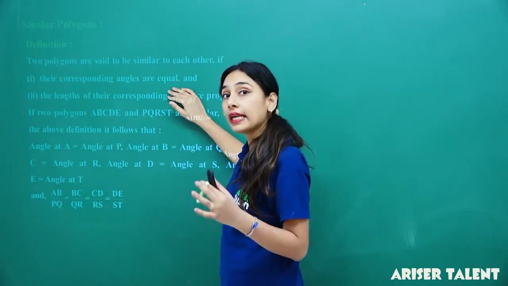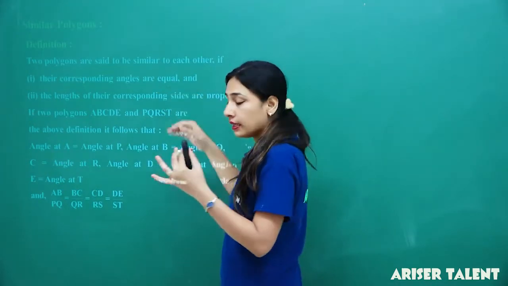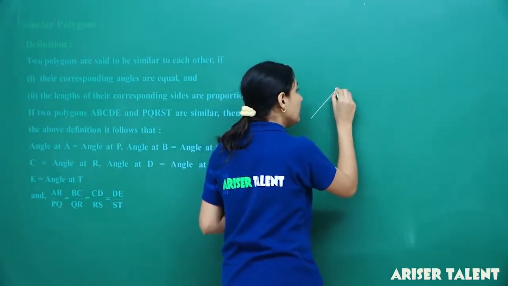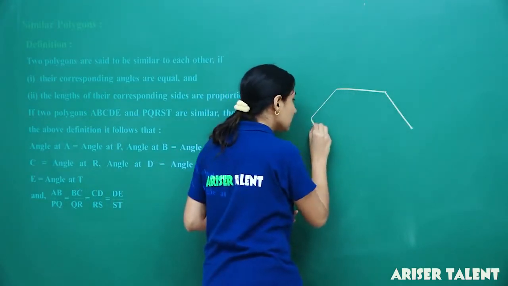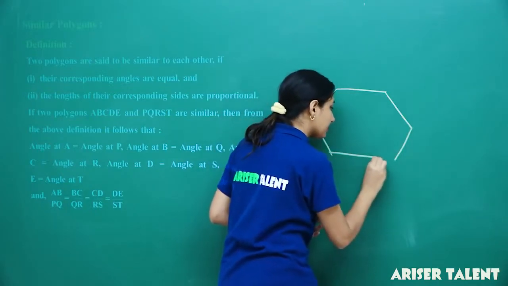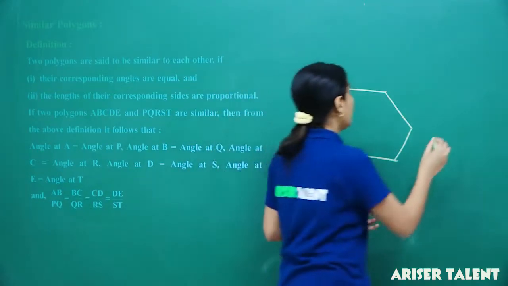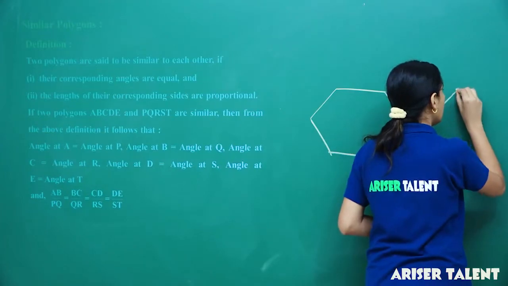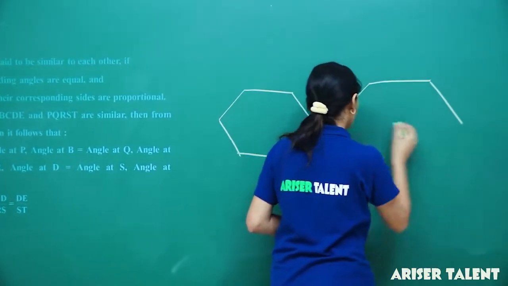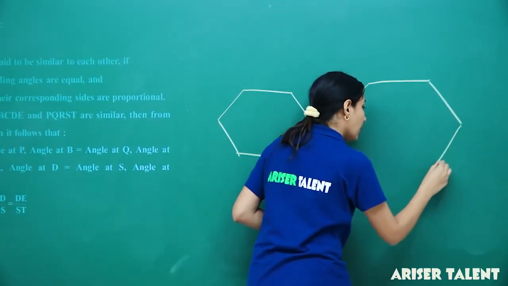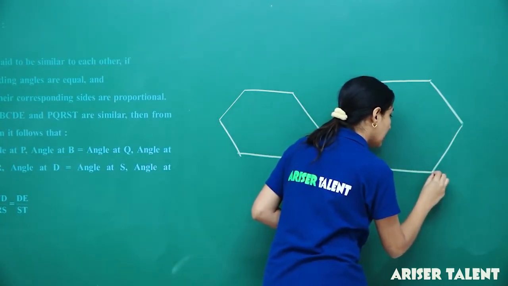Their corresponding angles are equal means if I have a polygon like this, and again I have a polygon like this.